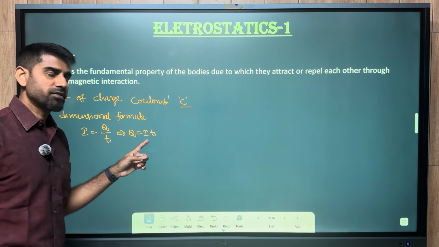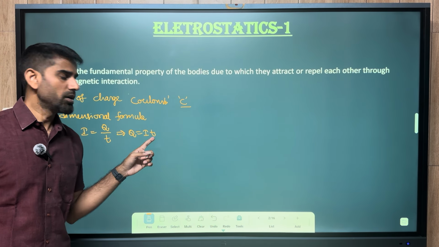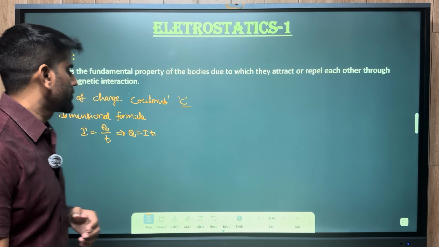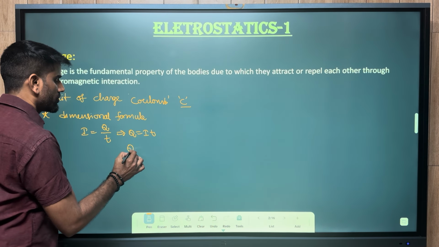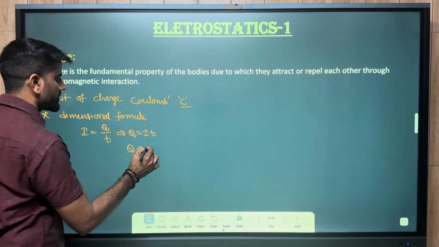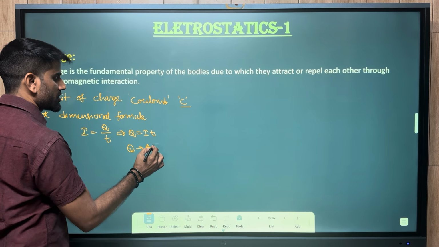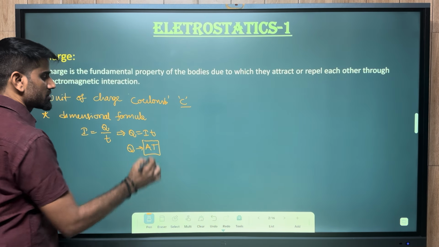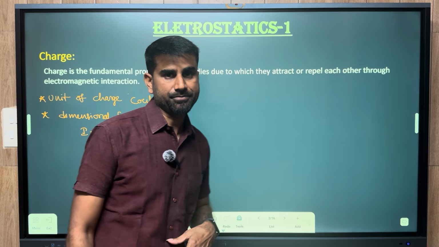As we all know, this I is a fundamental quantity and time is also a fundamental quantity according to the SI system of units. So the dimensional formula of Q: the dimensional representation of I is A and the dimensional representation of time is T. So the dimensional formula of charge is AT.